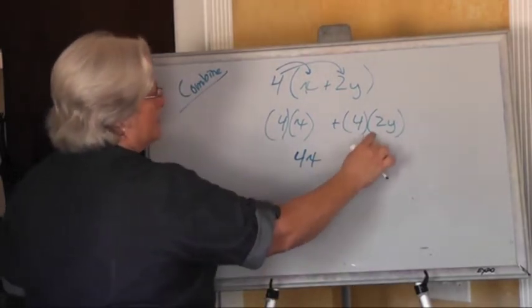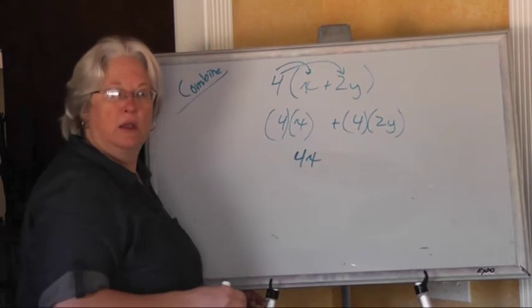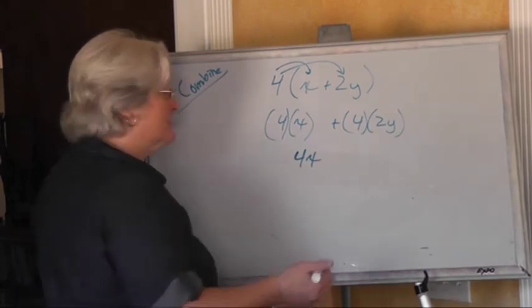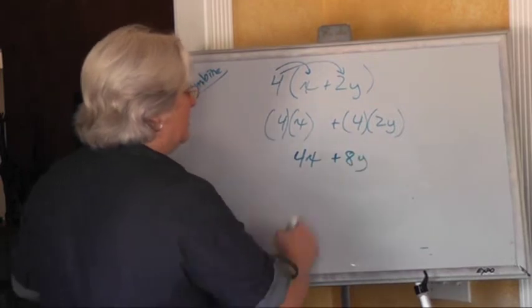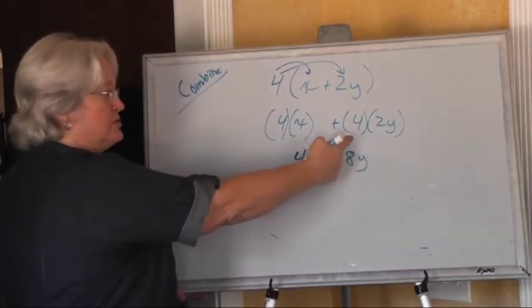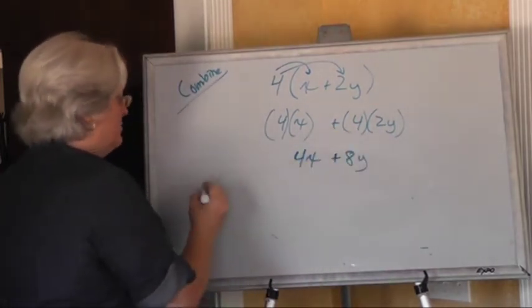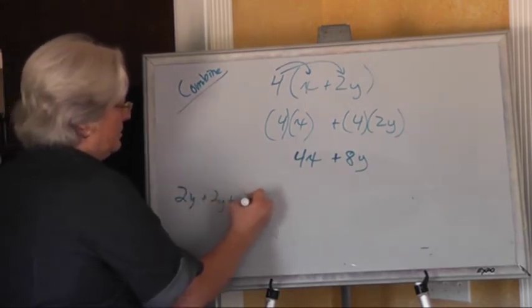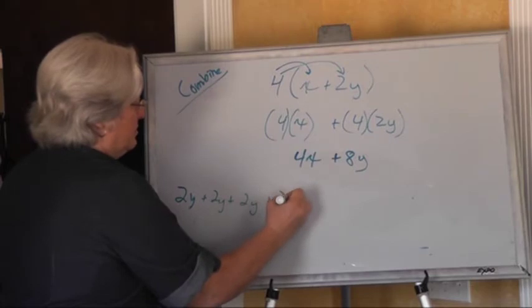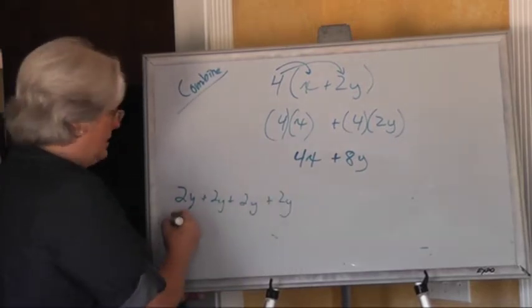Now we have 4 times 2 times y. Can you multiply 4 and 2? Yes. 4 times 2 is 8. Why? Because what you're doing here is you're saying you have 4 groups of 2y, so you have 2y plus 2y plus 2y plus 2y. What's 2 times y?